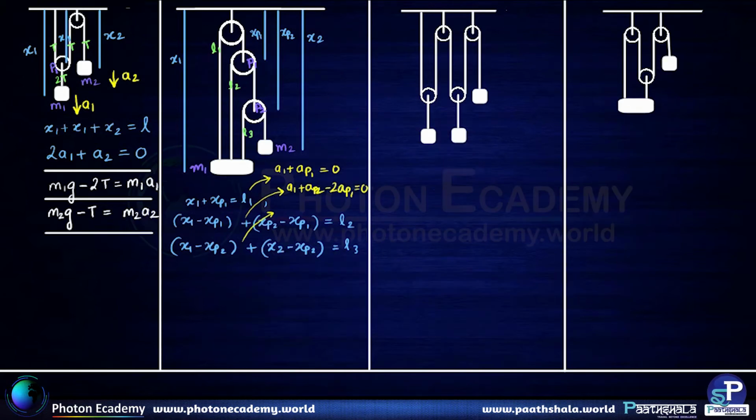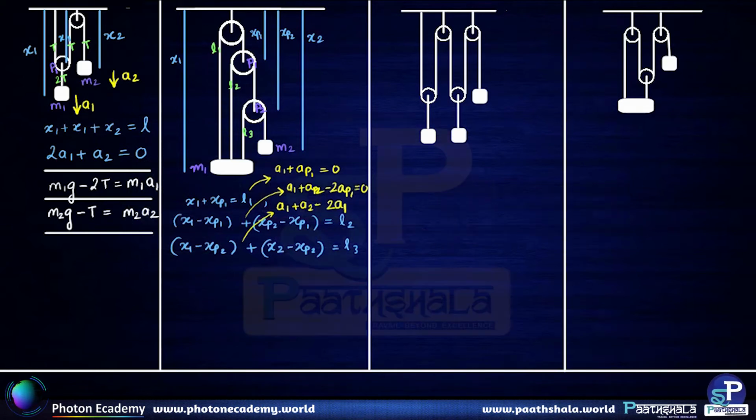From the third equation, we get a1 plus a2 minus 2 times ap2 equal to 0. So these are the three equations.